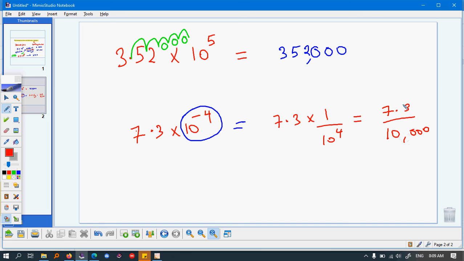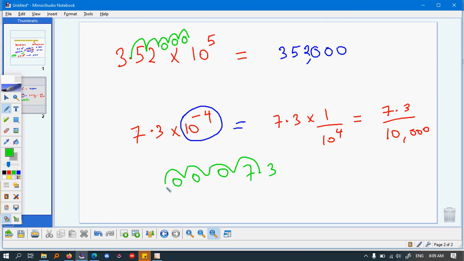So it's basically 7.3 divided by 10,000. Now, once again, in multiplying and dividing by 10, 100, or 1,000, we still can just move the decimal point. This time, because it's division, the decimal point moves to the left. So if I have my 7.3, the decimal point is going to go 1, 2, 3, 4. And I'll still put my zeros in the placeholders.